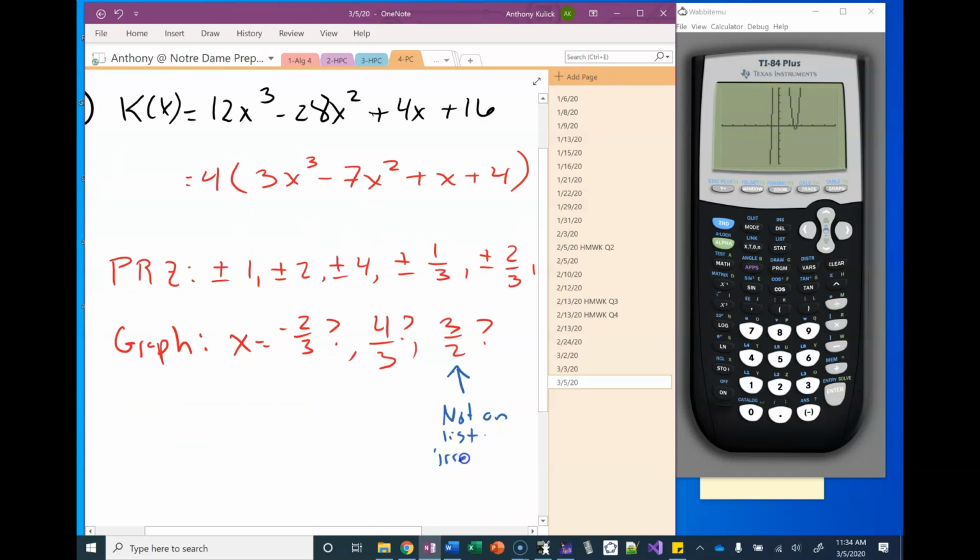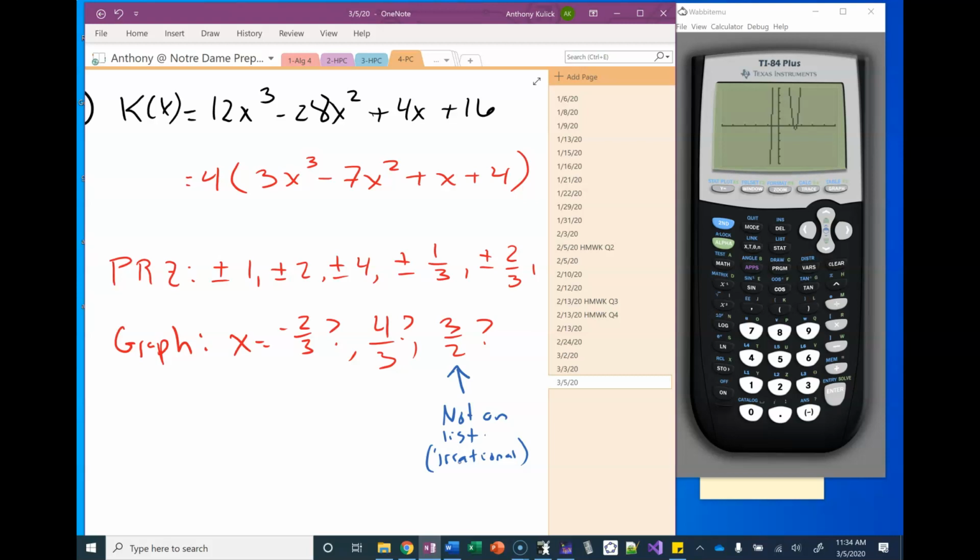That tells me that this is irrational. That means it's going to contain like a square root or something, and it's not going to be a number that I can use the synthetic division with. Okay with that idea?